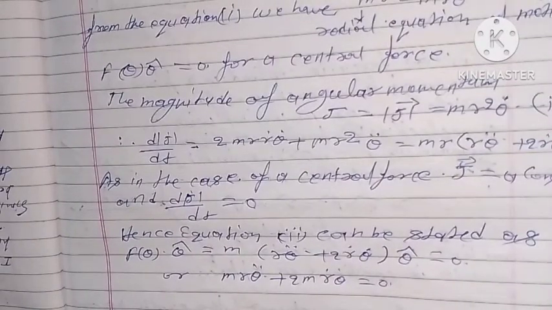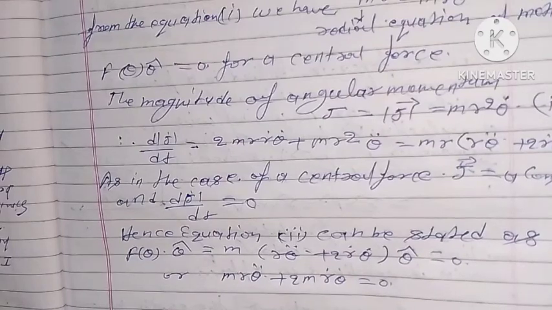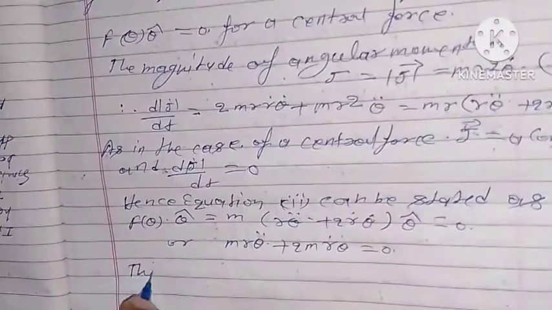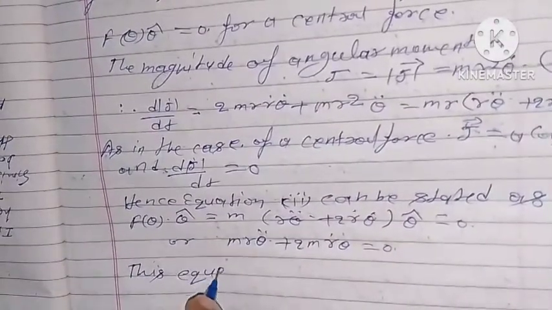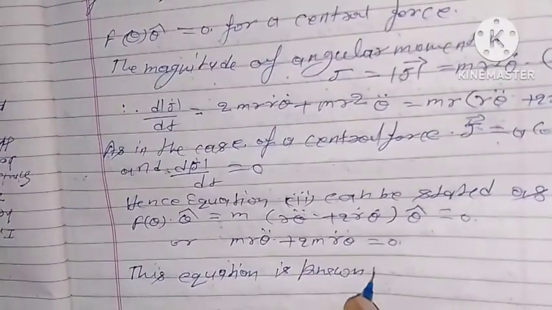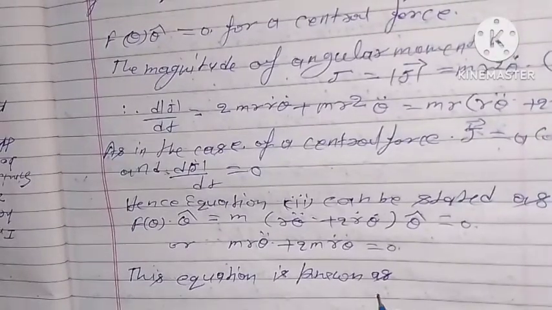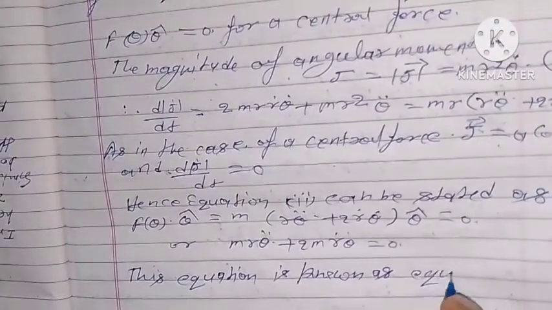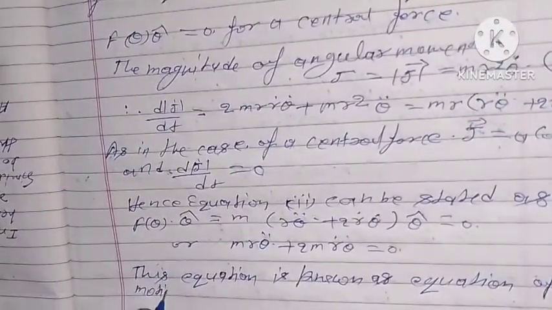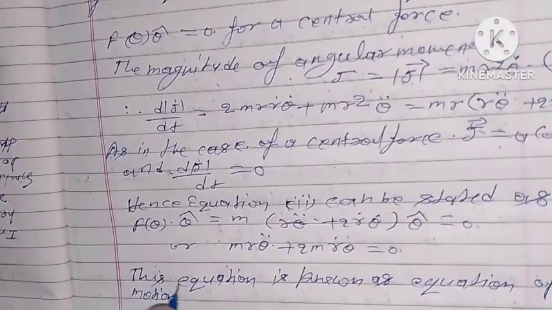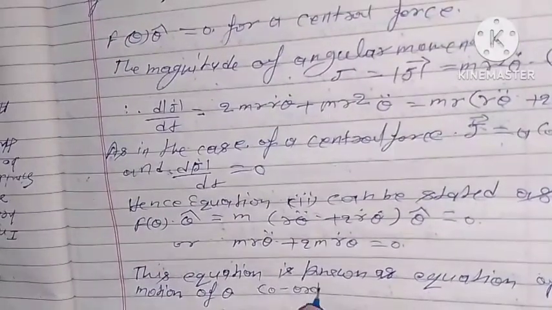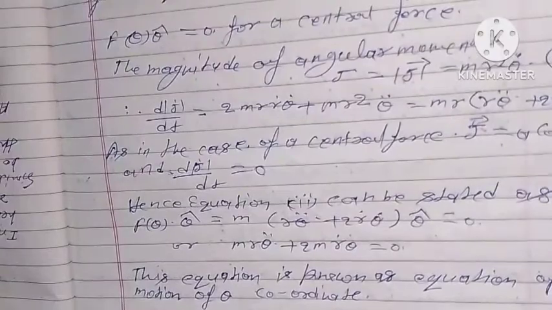This equation is known as the equation of motion of theta coordinate.